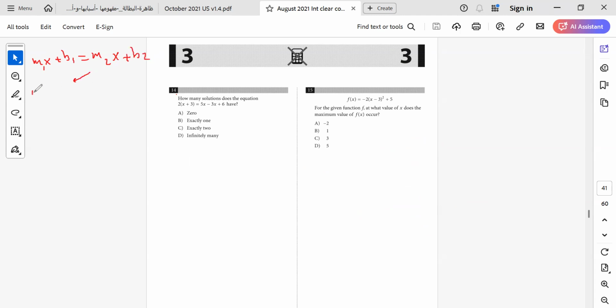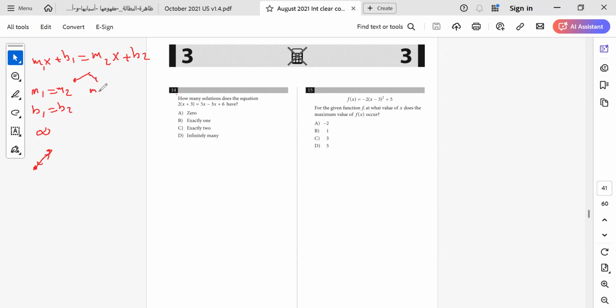If the slope is the same and the y-intercept is the same, it means it is the same equation exactly. So infinitely many solutions, because it's the same equation. m is the same and b is the same, so they are the same line, intersecting at infinitely many points.